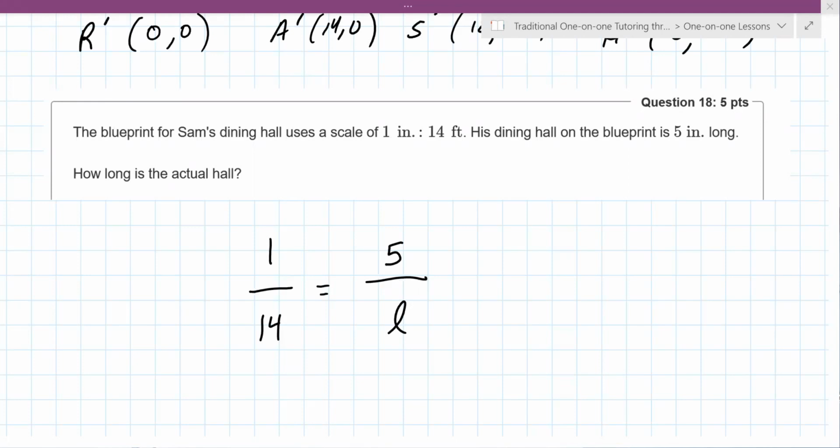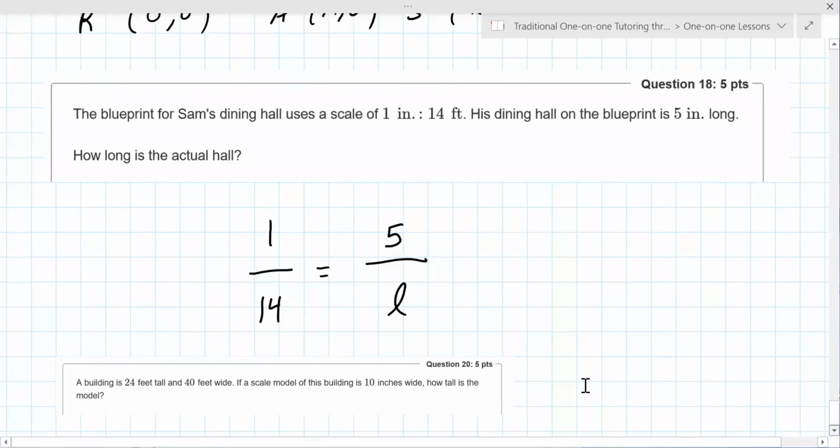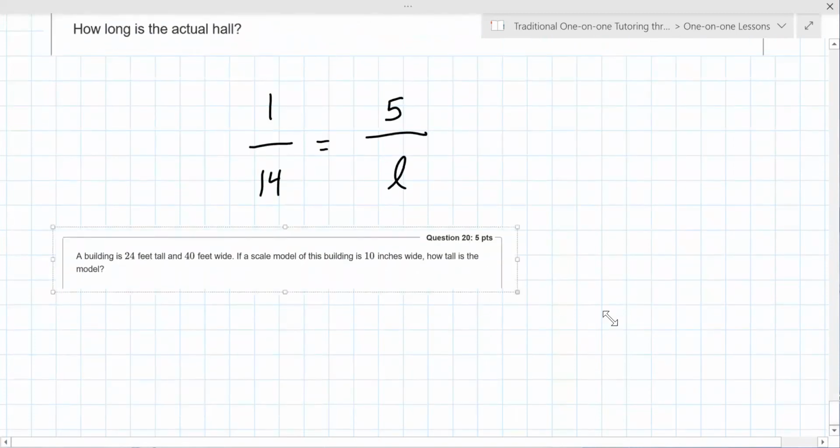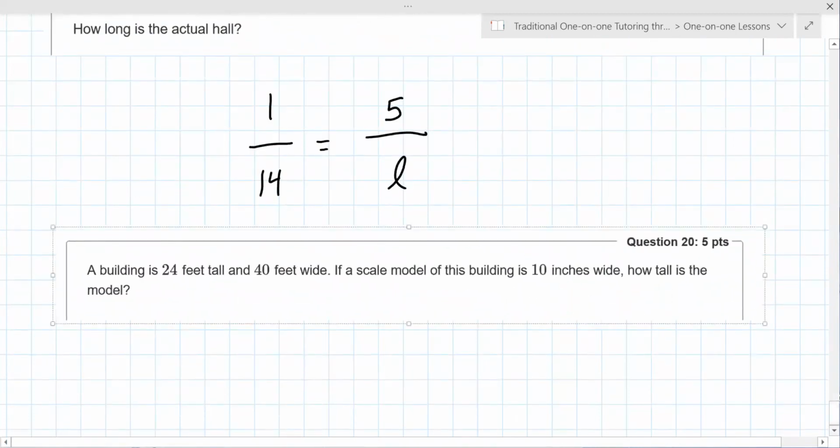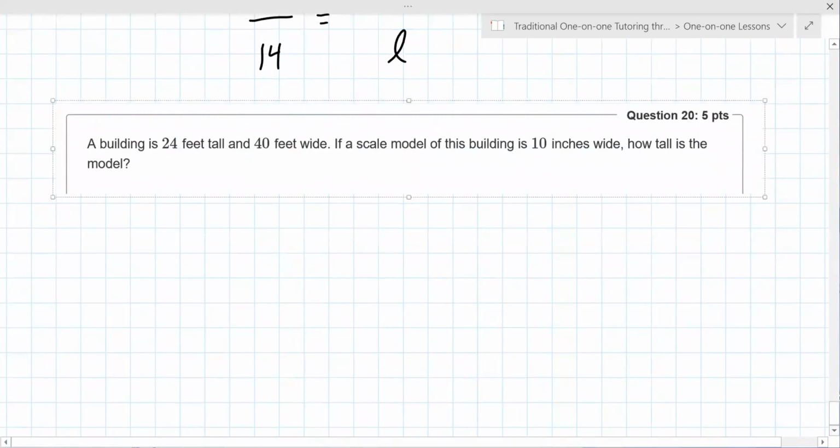All right. So if you understood that question, try to do this one. We're skipping one question, and we're going to come back to it, because this one falls more in line with the one you just did. So see if you can set this up and work it out on your own. It's really similar.